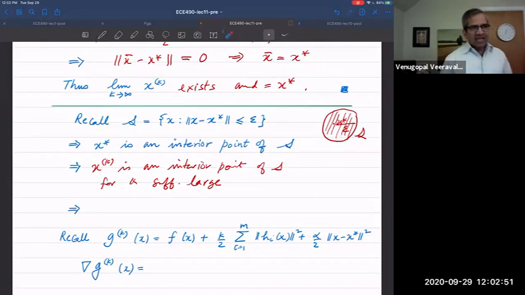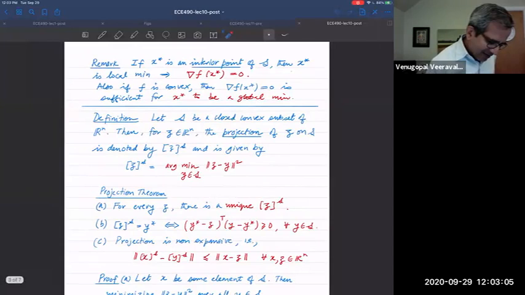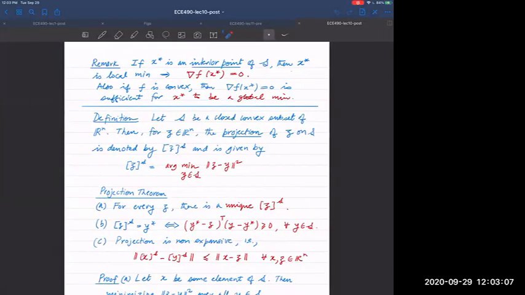But if xk is an interior point and a minimizer of gk, what do we know from lecture 10? Gradient 0? Gradient has to be 0, exactly. Very good.